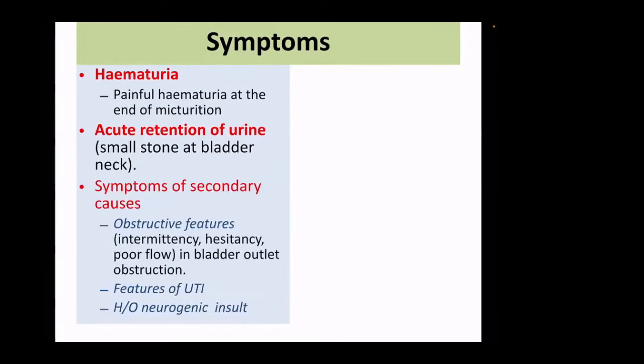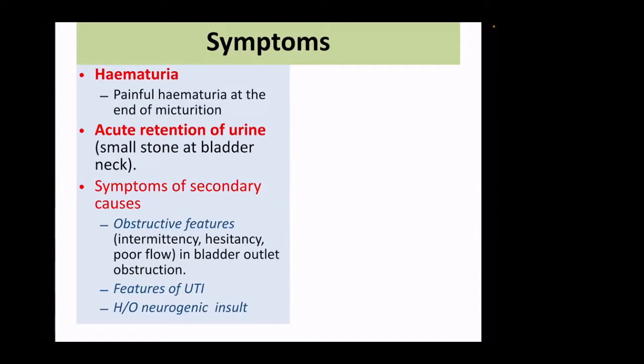Okay, this is important. Remember that bladder stones are of two types: one is primary, the other is secondary. In adult old age, secondary cause is more common than primary. Try to identify whether there is any secondary cause behind the bladder stone, especially in an elderly male, age more than 50-55 plus.